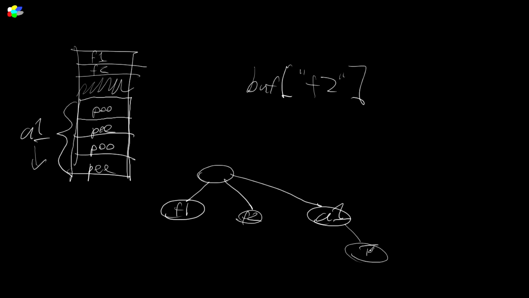Well, this is the type T of A1, and it's a structure, and it has poo and P. So this is what the tree looks like. Struct here, and array here. All right.